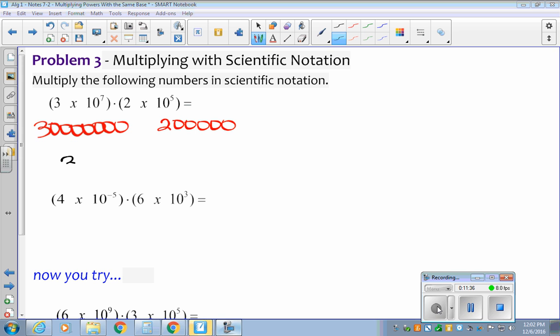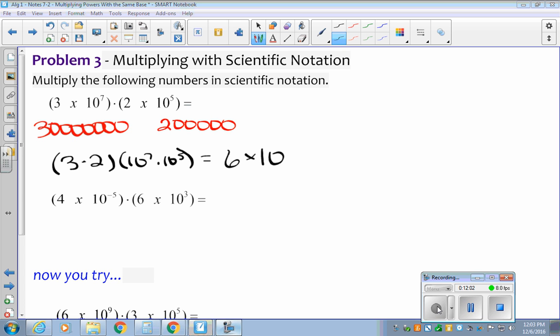We're going to put our 3 and our 2 together. And we're going to put our 10 to the 7th and our 10 to the 5th together. So this is a way we can take really giant numbers or really small numbers if it's a negative exponent and combine them together without using all those messy zeros. So this would be 3 times 2.